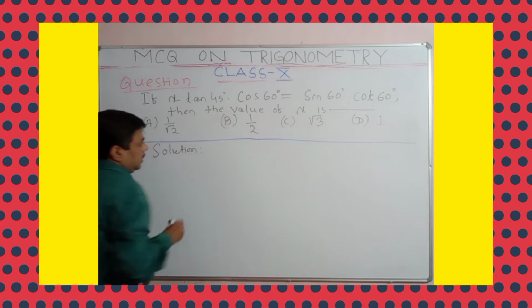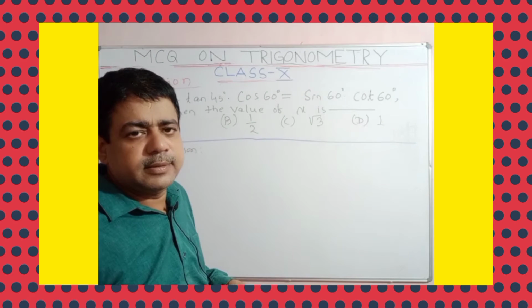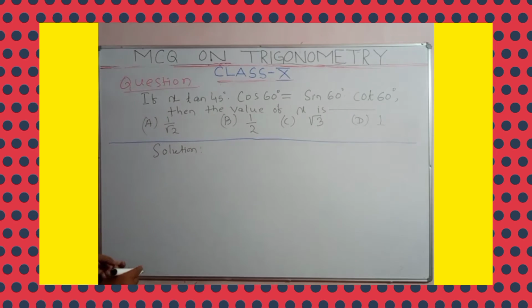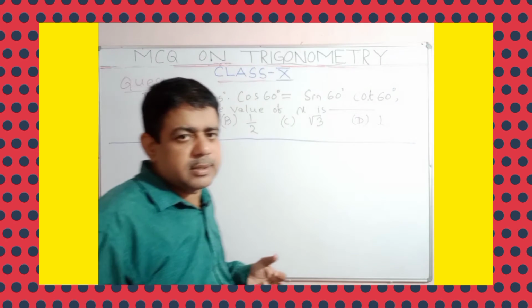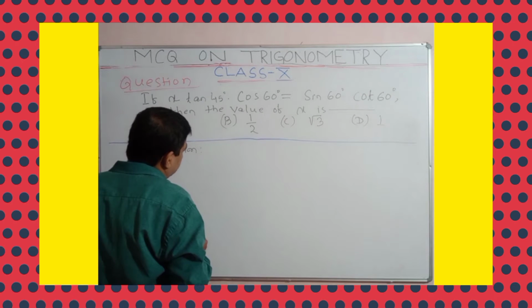Okay, and students, all of you know the trigonometric ratios of 45 degree, 60 degree of the acute angles. So here you have to use the trigonometric ratios.